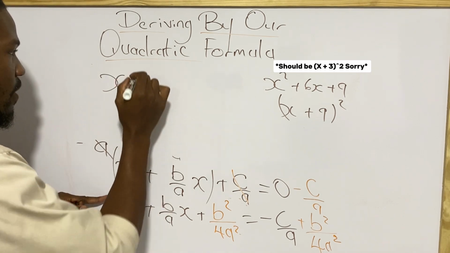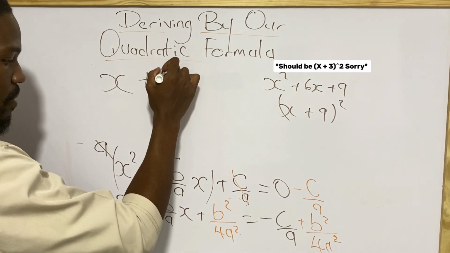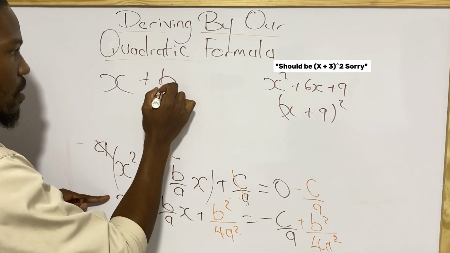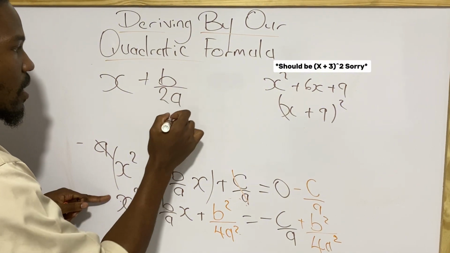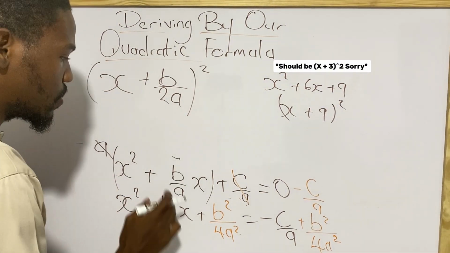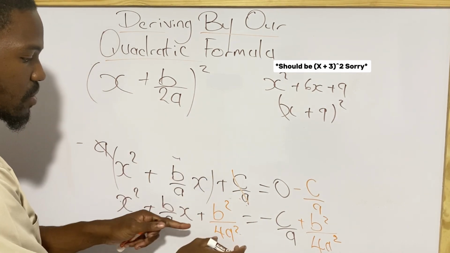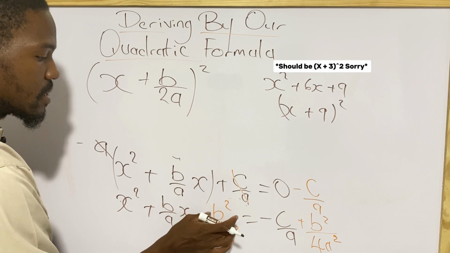So we're going to have x plus b over 2a, all squared. Because the 2a, when we multiply everything top and bottom, we're going to get back this.